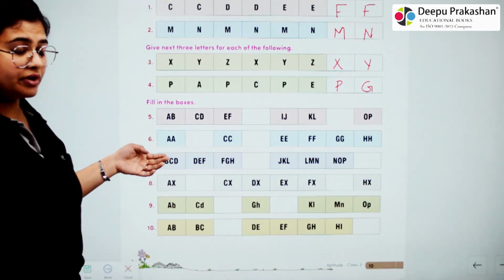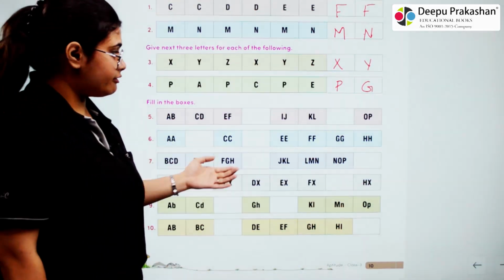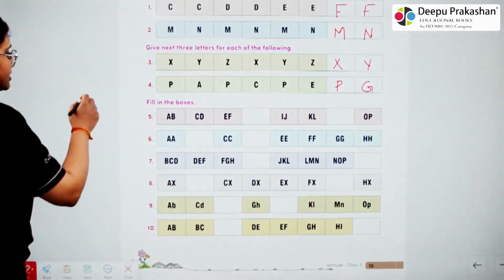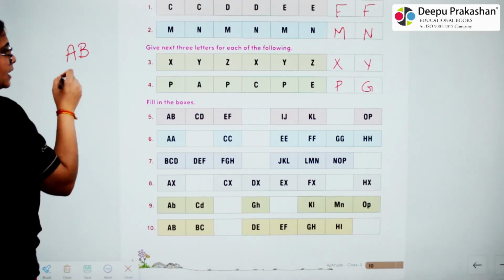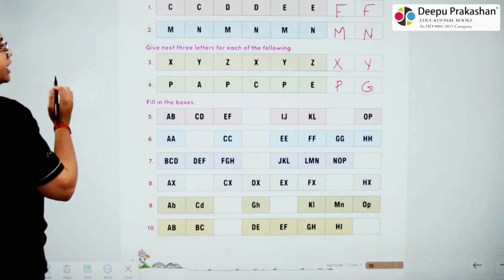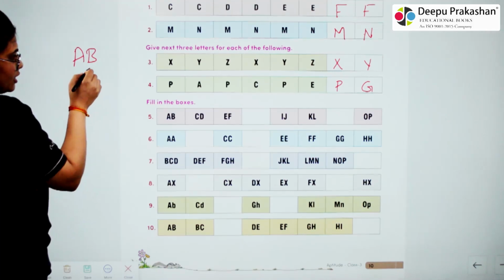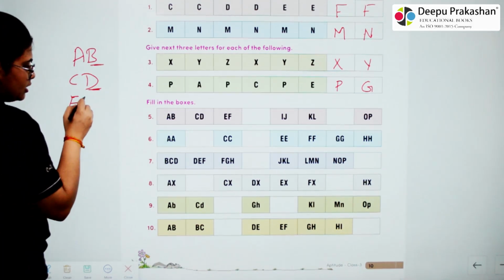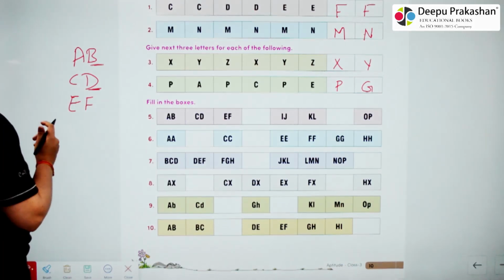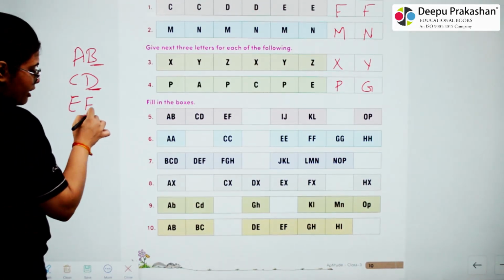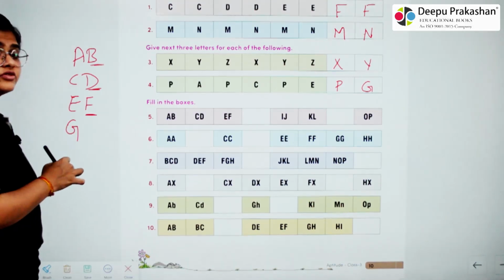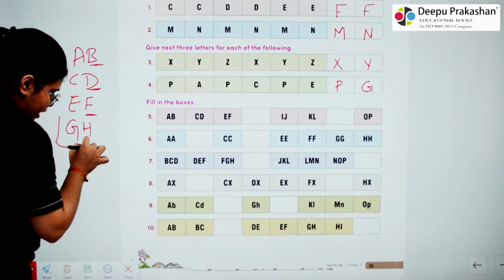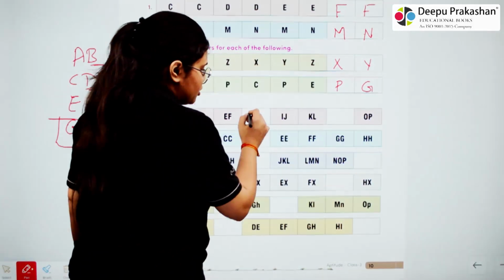Fifth, we are given A, B, C, D, E, F, dash, I, J, K, L, dash, O, P. So here if we see the pattern, we are given letters in pair in continuous order, that is A, B, then after B it's C. So we are given C, D. After D it's E, F. That is given to us, and after F we have G in our alphabetic series, and after G it's H. So GH is our answer for the first one.